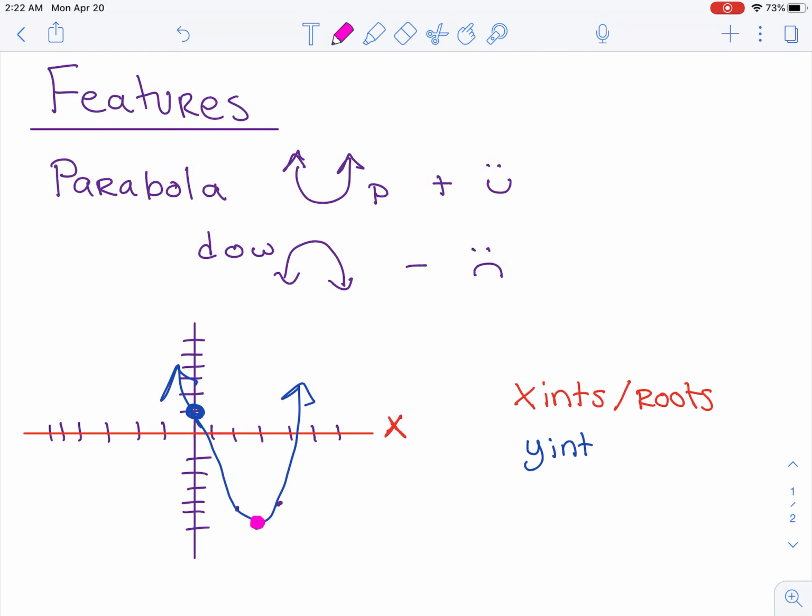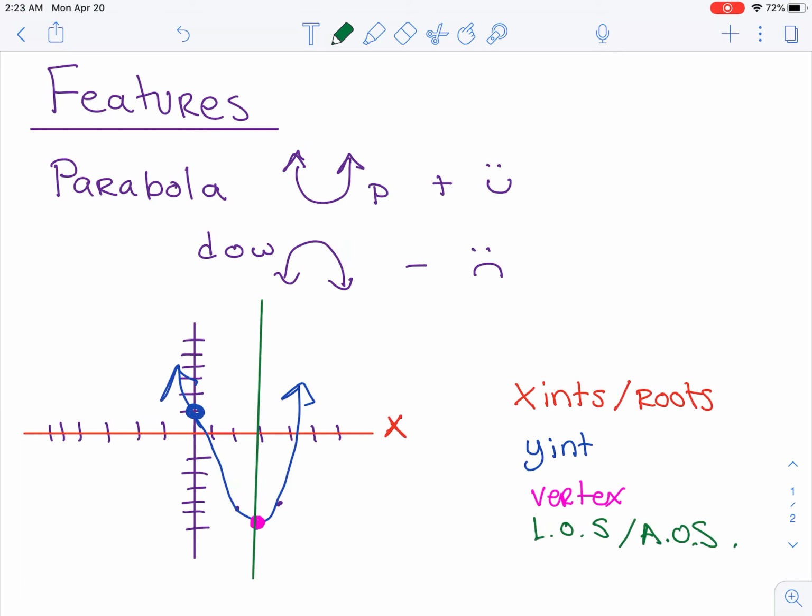This point down here at the very tip is called a vertex. And then there's this line that goes through the center that we call the line of symmetry, or axis of symmetry if we're being proper. Okay, so these are all the features.